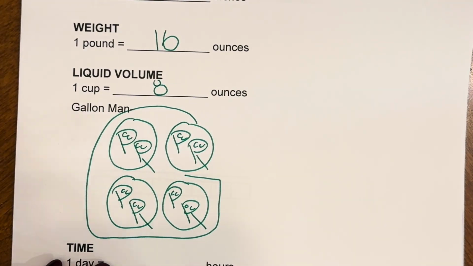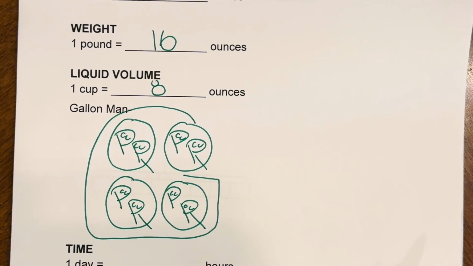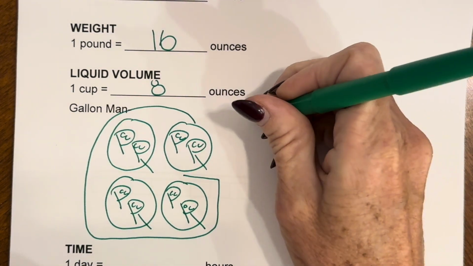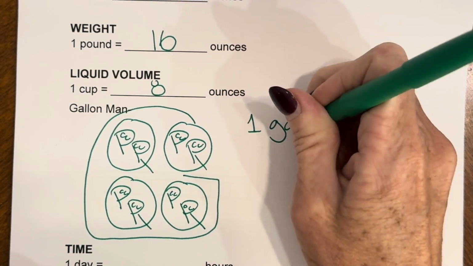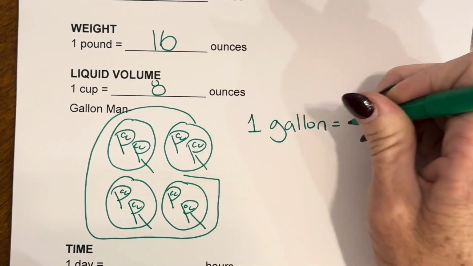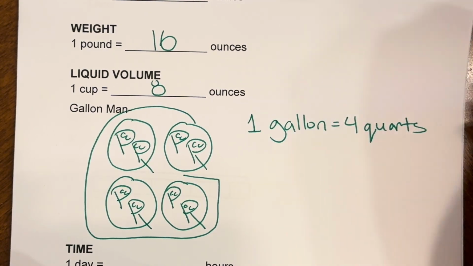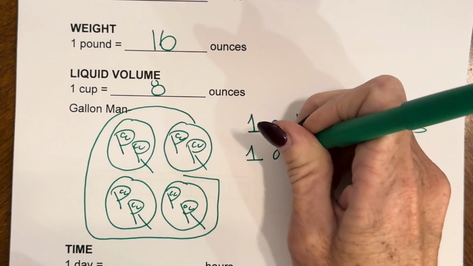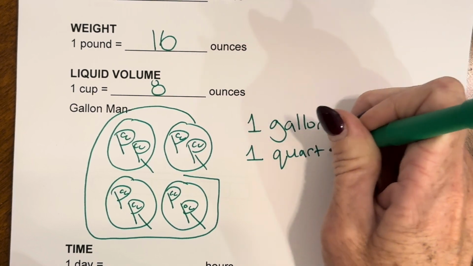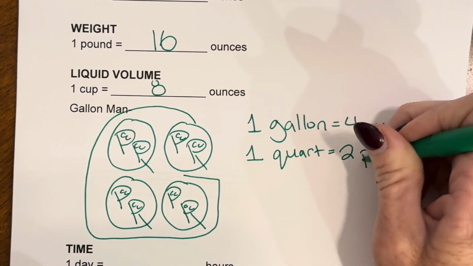Now, if you learn to draw Gallon King, you can pull out so many measurements from that. I could say that I know that 1 gallon equals 4 quarts. I could say that 1 quart equals 2 pints.